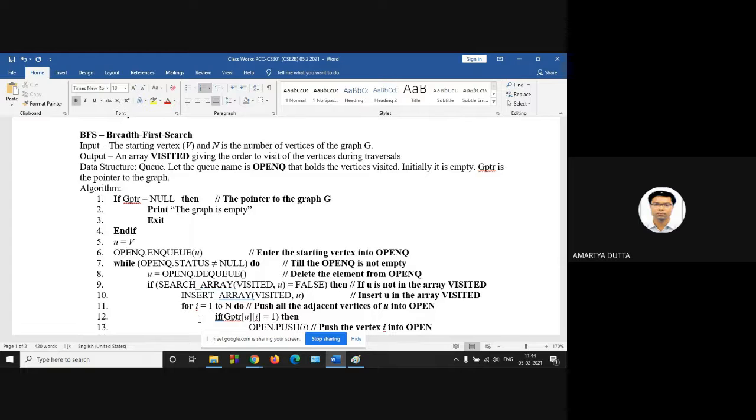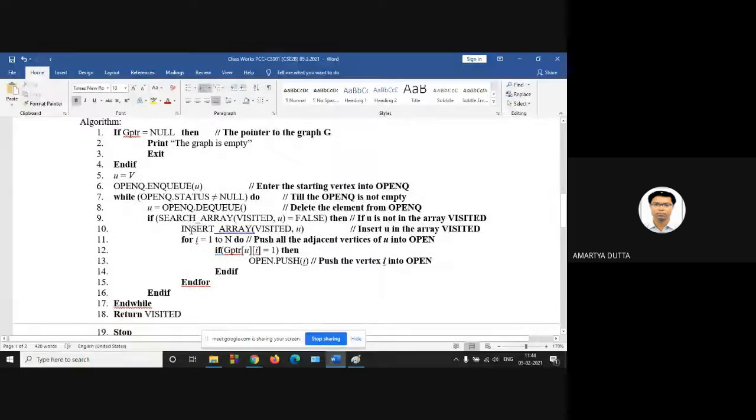Now, line number 9, if you search the array visited for U and it is false, that is, U is not in the array visited, then we have to first insert U in the visited array.